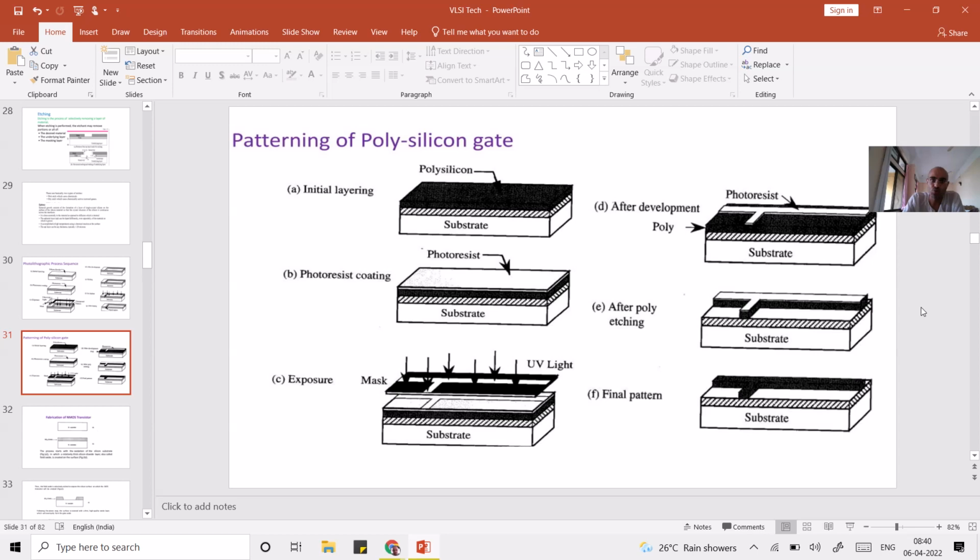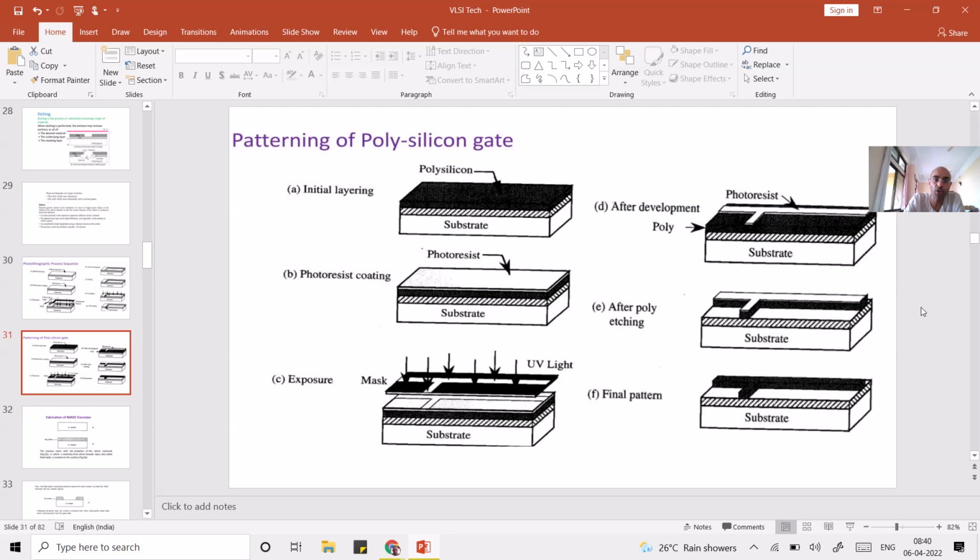So what happens if that high temperature process is done after the aluminization? The problem is that aluminum can't handle that high temperature. So first you have to make the source and drain regions, and you cannot control the gate region very precisely. Because of that, with the aluminum gate technology, we were not able to get very small geometry devices.